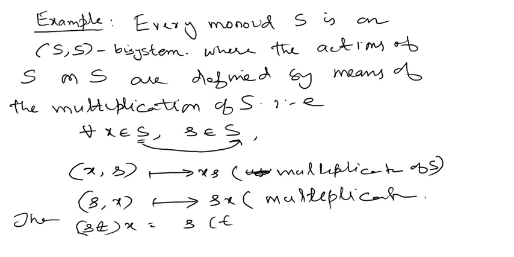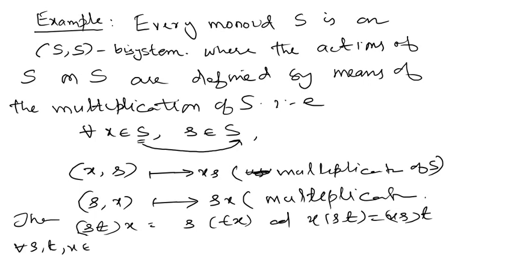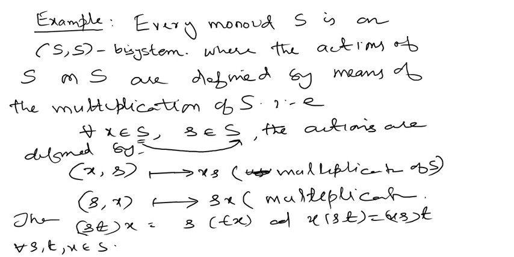This is just the associative property, because the multiplication is only of S, and x(st) equals (xs)t for all s, t, x in S. That's for all x in S, s in S, the actions are defined by this.